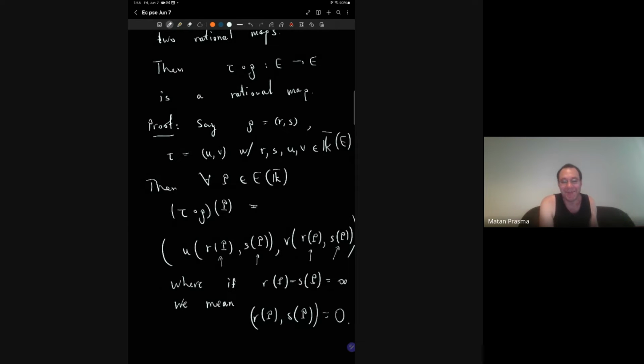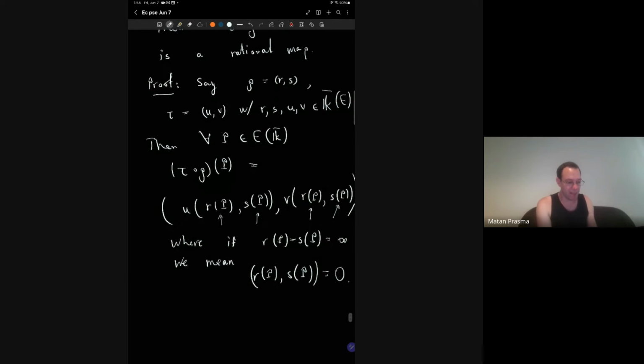I basically didn't prove anything. I just wrote the definition of composition. But this is a pair of rational functions. I mean, I have a rational function in each coordinate.